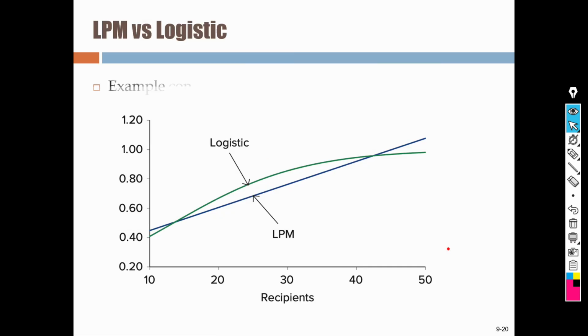Right? So if you draw the actual LPM and then logistic regression here, maybe this is going this way, so that this becomes a sigmoid function, and then this is a linear function. So you can tell the difference.